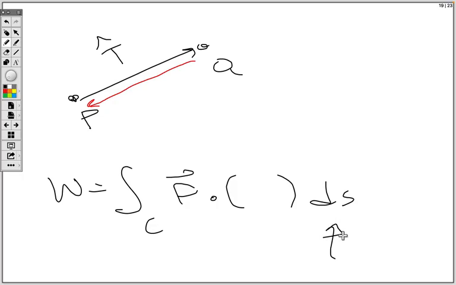I'd still have the same arc length differential. I'd still have the same field F, but my T hat would be the exact what? Exact opposite, right? So this would be like minus T hat here.